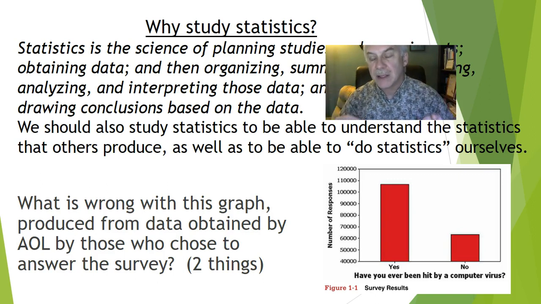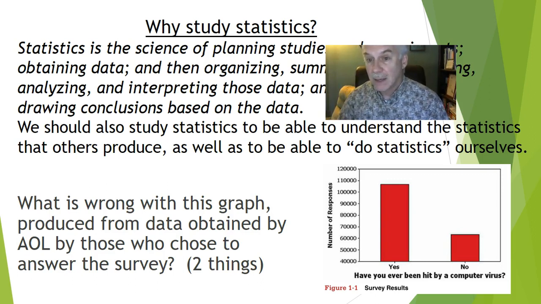This is purely voluntary, and so whoever wanted to decide to answer this, they selected themselves whether they would be in the survey. That's number one, a bad sampling method.